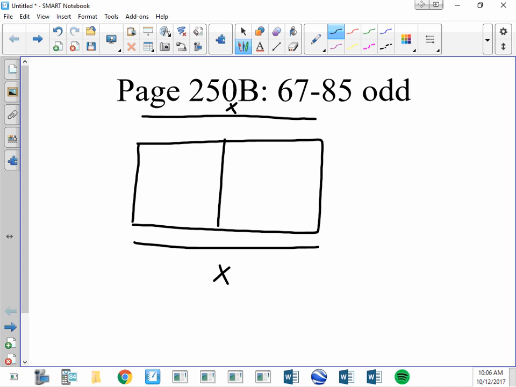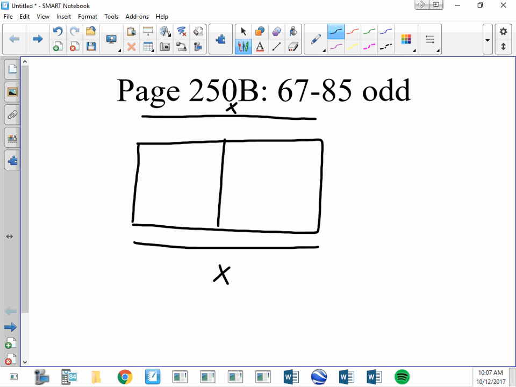We could say y, but then we have 2 variables. What do I know about the remaining 3 sides? They're all the same length. I know there's 10,000 feet of fencing. So we have called the long sides x.